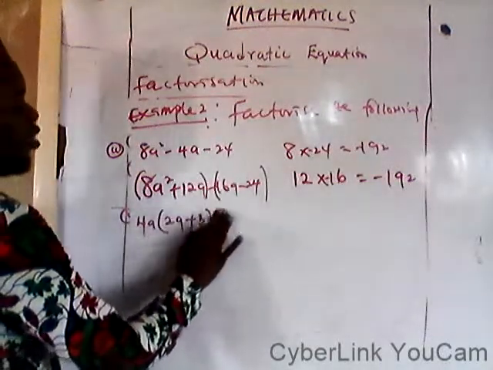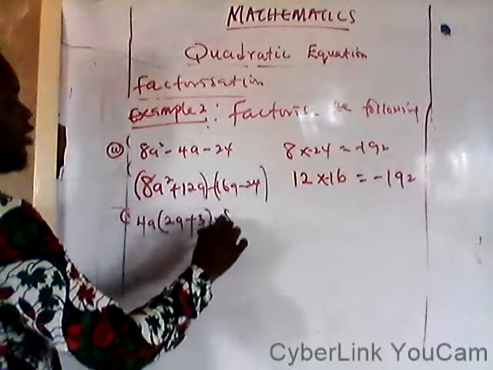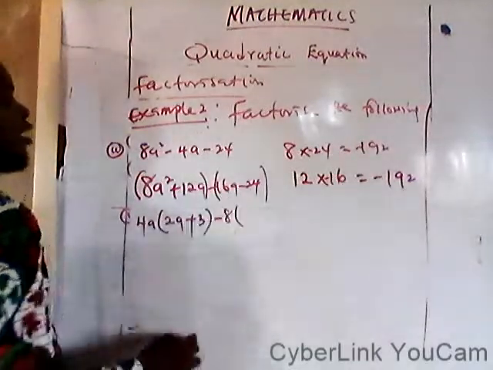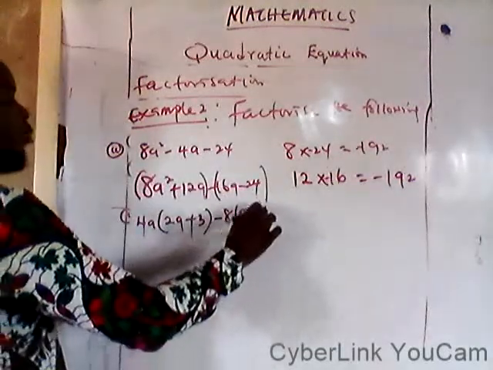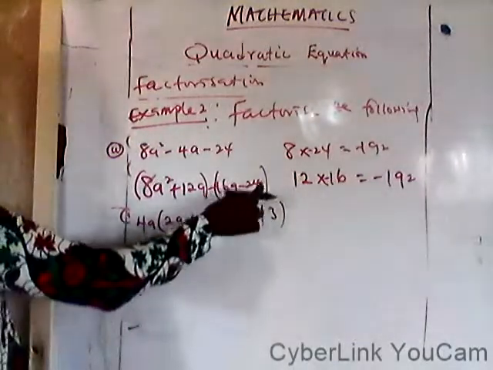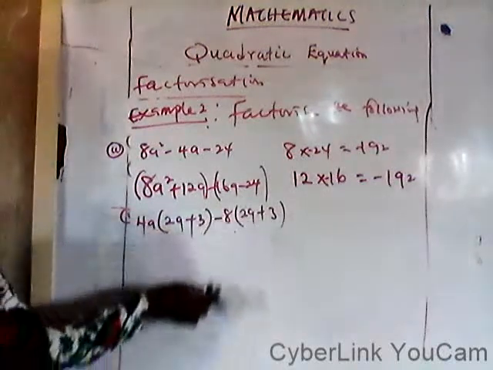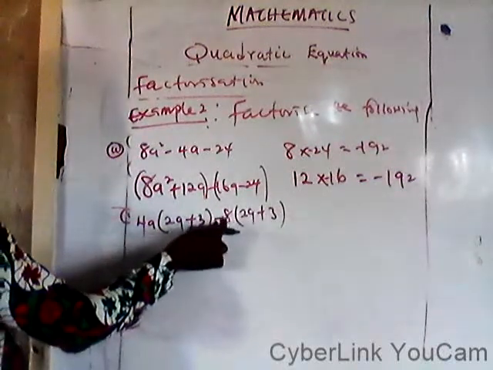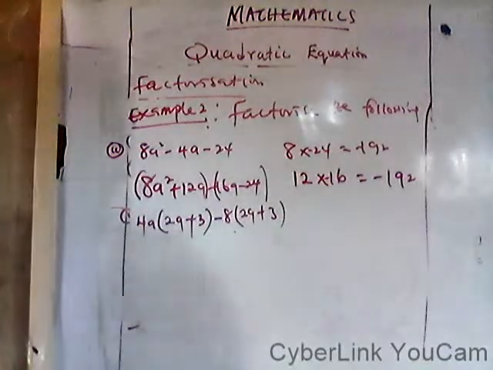So you are going to have, this one is minus, so you are going to have minus 8 in brackets. This one remains 2a. Then this one becomes plus, and this one becomes 3. Why? If you divide your 24 by 8, you are going to get 3. Why is this one turned to plus? Because if you now open your brackets, minus times plus, you are still going to get back your minus 24.